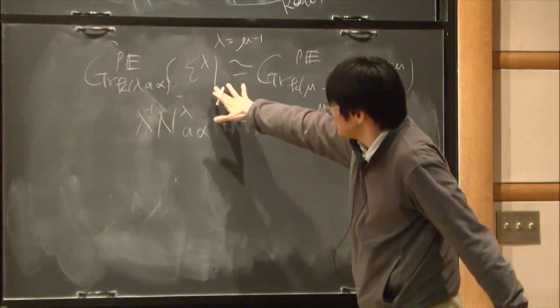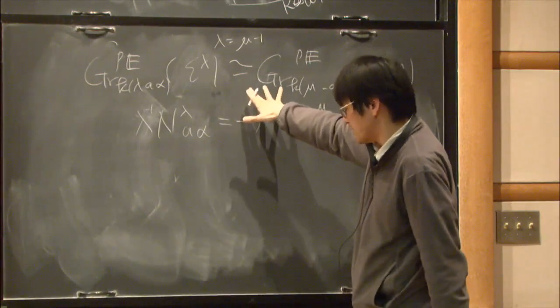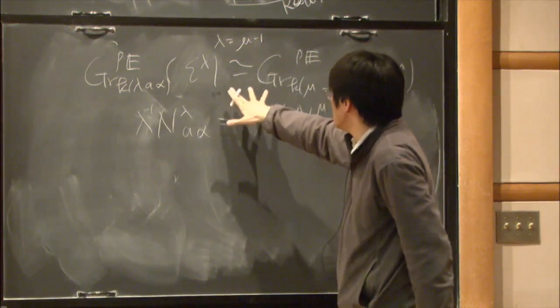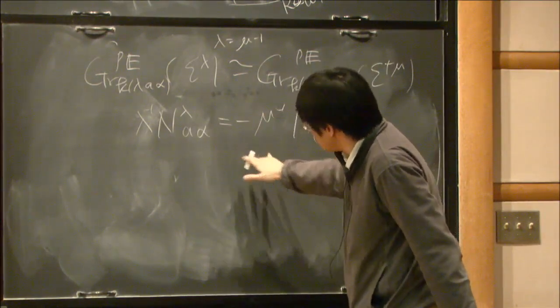We have a canonical isomorphism in this one, not canonical depending on the tangent vector at 0, but we have the isomorphism, and under the isomorphism we have this identification.